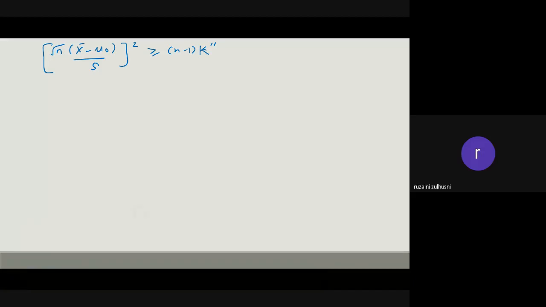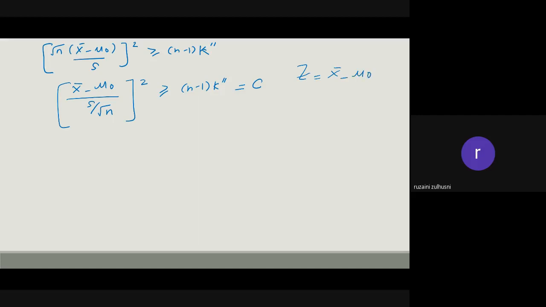The same thing if I write x bar minus mu naught over s over square root of n, square, greater or equal to n minus 1 K double prime, which is the same as c. If you remember back, what is your standard normal? Your z is x bar minus mu naught over sigma over square root of n.